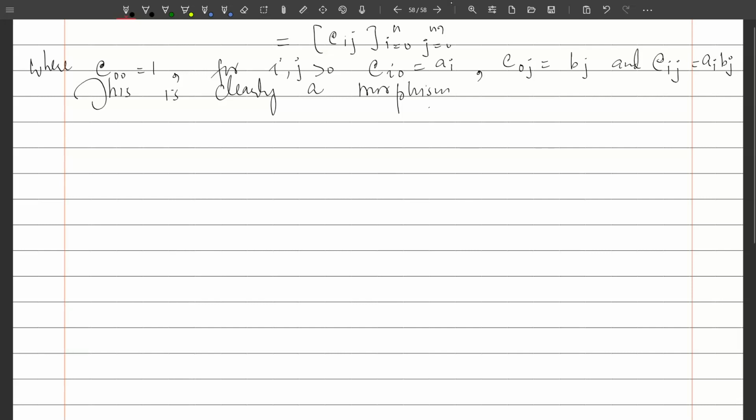Now why is this a morphism? Because if we look at 1, this is a regular function. If we look at ci0, which is ai, these are the restrictions of the coordinate functions xi, xj, and xij. So this xi will give us ai, this xj will give us bj, and xij will give us aibj. Since these coordinate functions are regular functions, this map is a morphism.